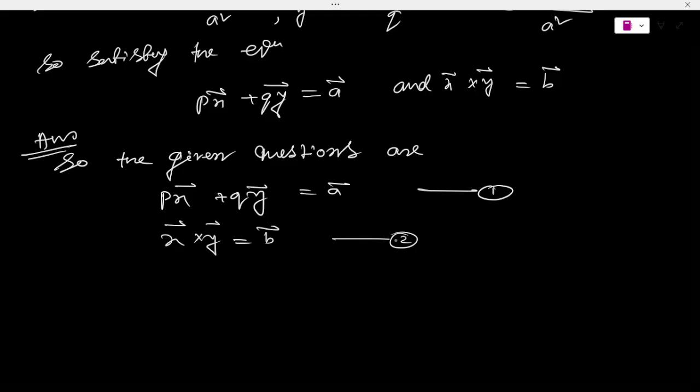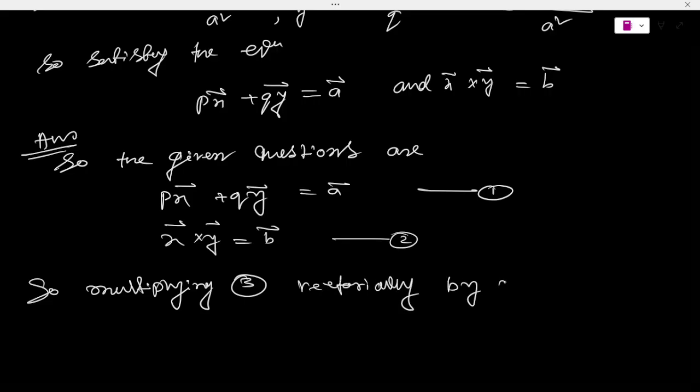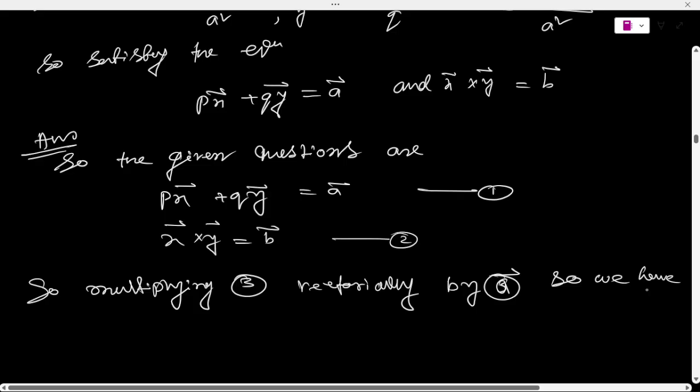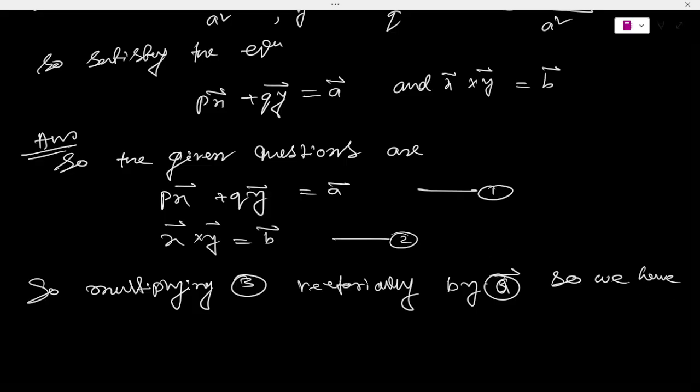So multiplying equation 1 vectorially by x vector, okay, x vector.